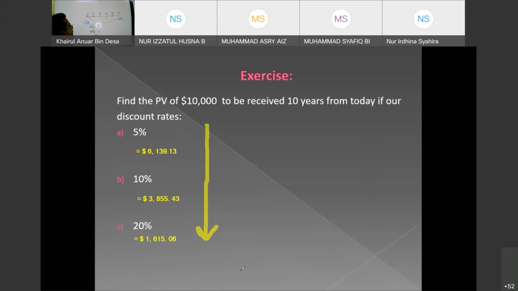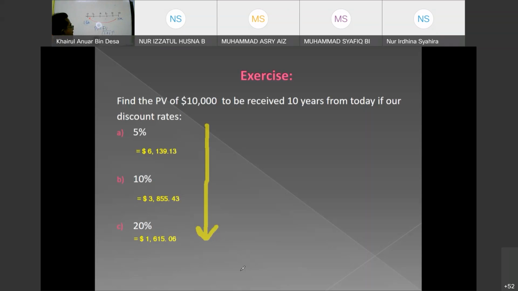Prof, ya, Syafiq. Kalau boleh, boleh tak nak tengok macam mana cara kira 5% tu? Boleh Prof tunjukkan balik jalan kira. Okay, 5%. Saya tunjuk yang 5%. Okay, formula dia present value, future value over 1 plus I in power of n.